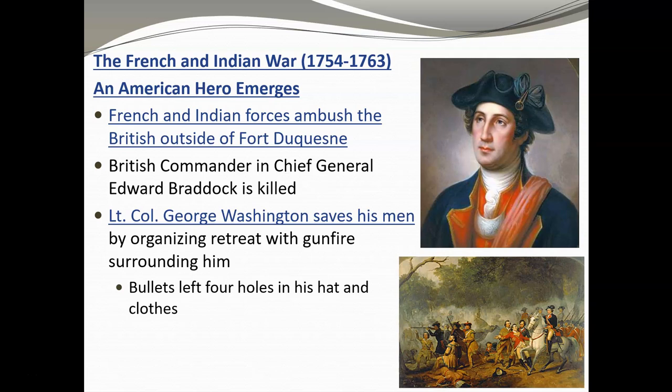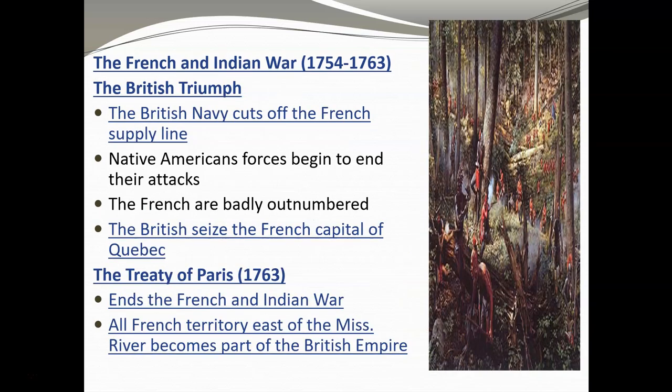But somehow he had 4 bullet holes in his hat and his clothes that had somehow passed through him, but he had not gotten hit. Which leads to this idea that George Washington is bulletproof and is only going to start to grow his legend even more throughout this war.